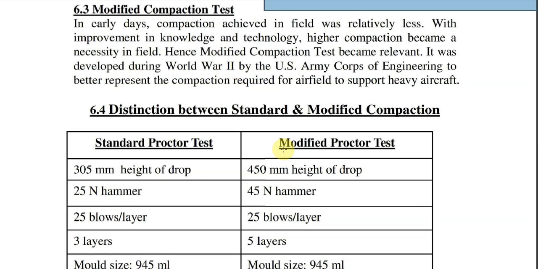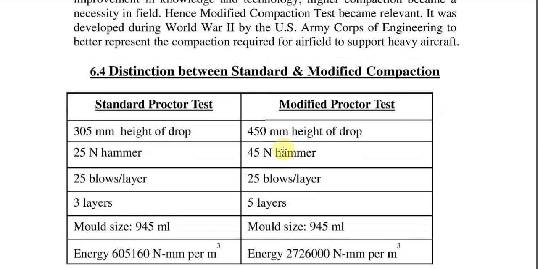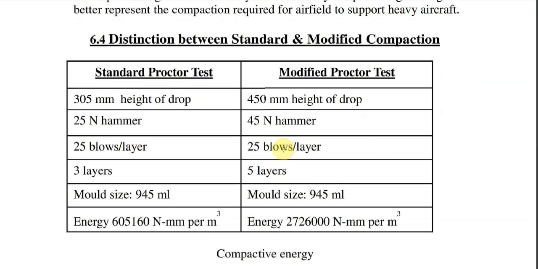So what is the difference between standard Proctor test and modified Proctor test? Okay. The difference is in standard Proctor test, the hammer is dropped from a height of 305 mm or 310 mm, but in modified Proctor test, the hammer is dropped from a height of 450 mm.